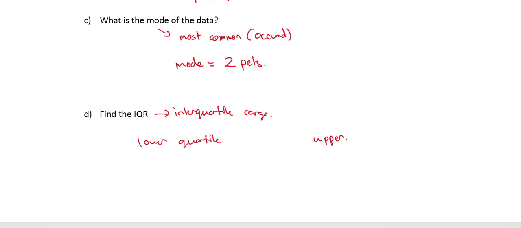So I can just rewrite it again. So 0, 1, 2, 2, 2, 2, 3, 4, 4, 5. So because n is equals to 9, which is an odd number, I just want to get rid of the median for now. And as you can see, I've got groups of 4 now.